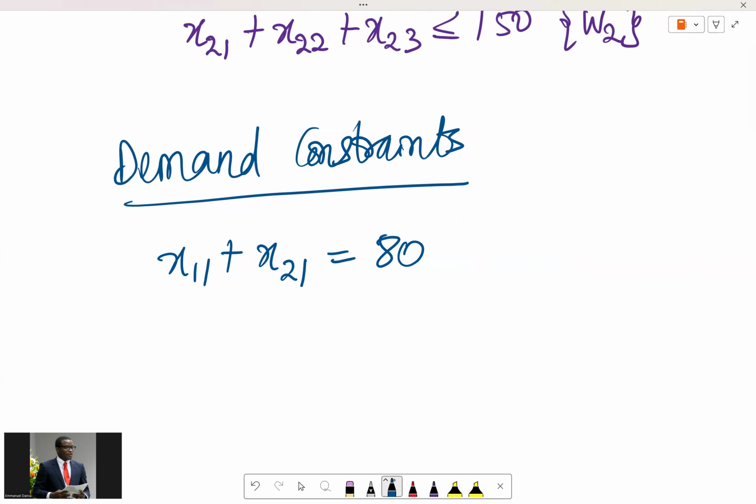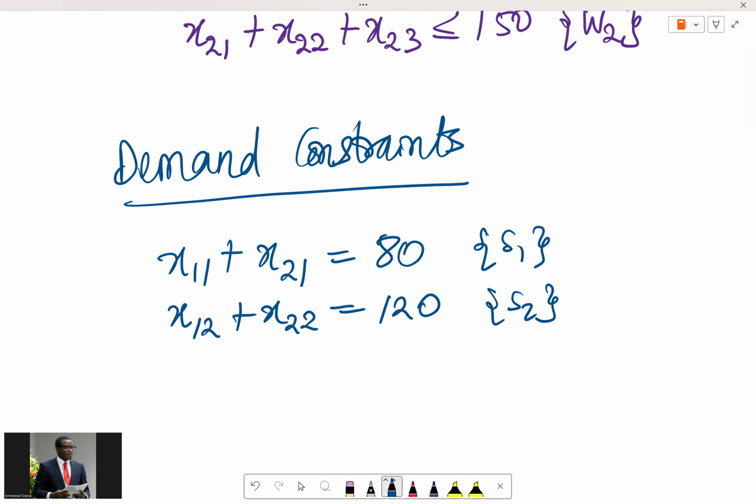That was when we dealt with the warehouse. Now here we have X12 plus X22 equals 120. Of course, this is store one, this is store two. And lastly, we have X13 plus X23 equal to 50 for store three.